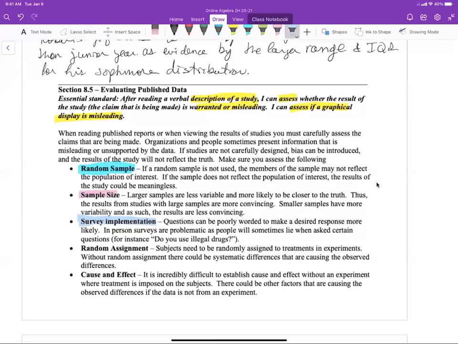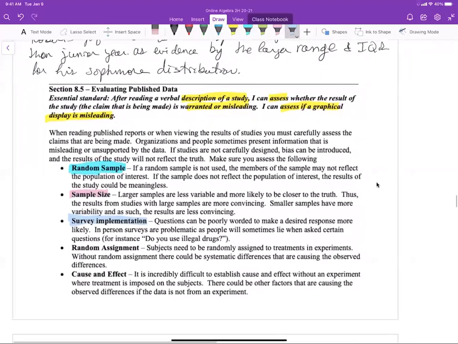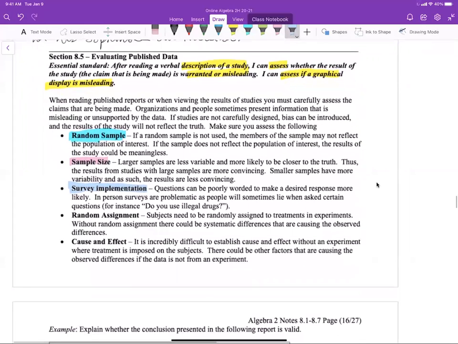For example, if you were asked in person for a survey, do you use illegal drugs? You are more likely to not be honest if you do, because why would you want them to know that, right? So you would potentially have issues with an in-person survey. Anonymous surveys are more likely to represent the truth.